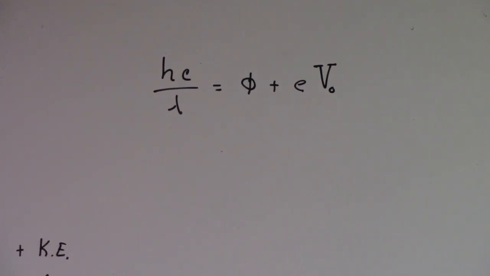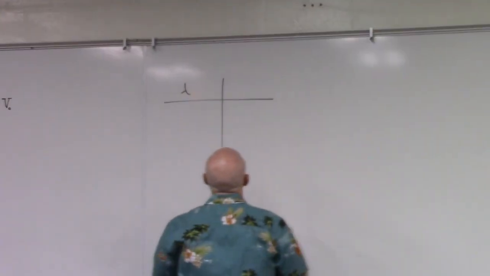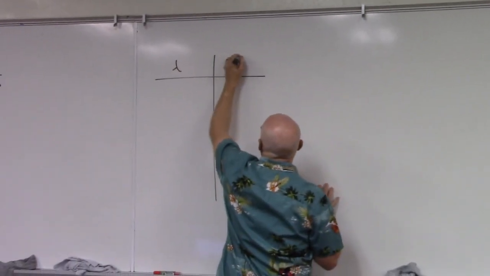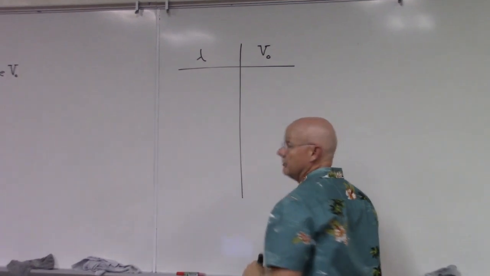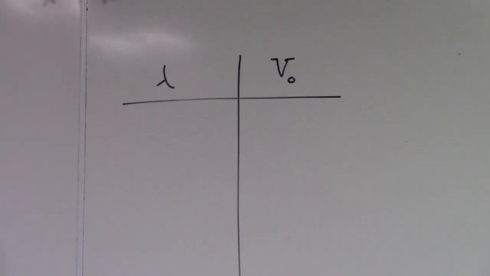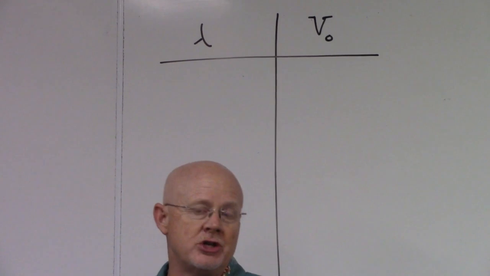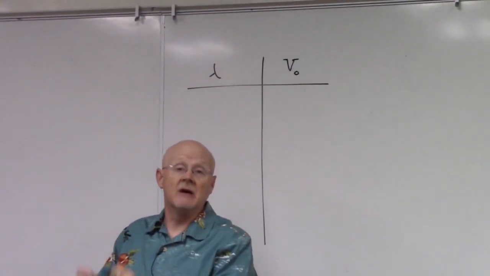And what we're going to do in a moment is make a little experiment, and we are going to measure the wavelength and the stopping voltage. As I said, we are going to start with a high voltage, and likewise a high energy photon. So we'll start over in the violet.